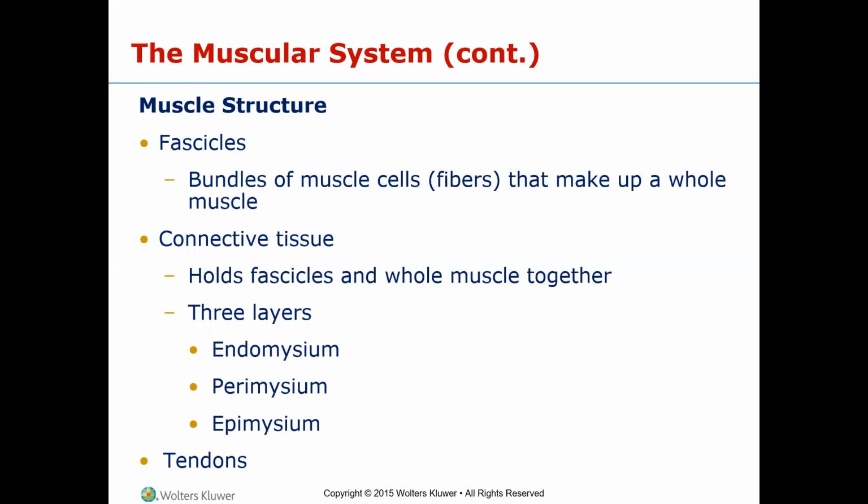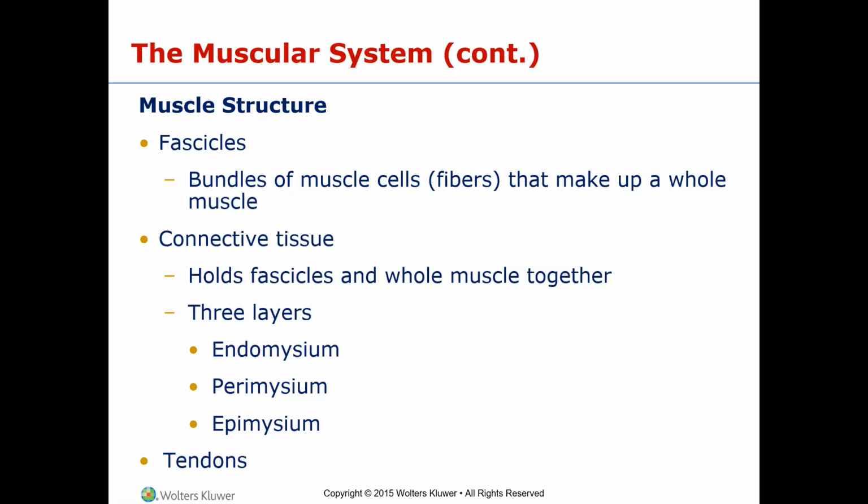In terms of the structure of a muscle, a fascicle is a bundle of muscle fibers that make up the whole muscle. At this point, this probably makes absolutely no sense, but I'll show you with the diagram all of these terms and where they are and what they're related to.